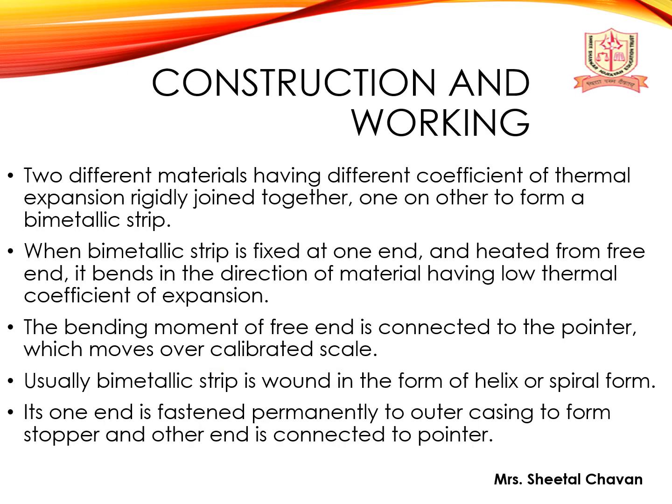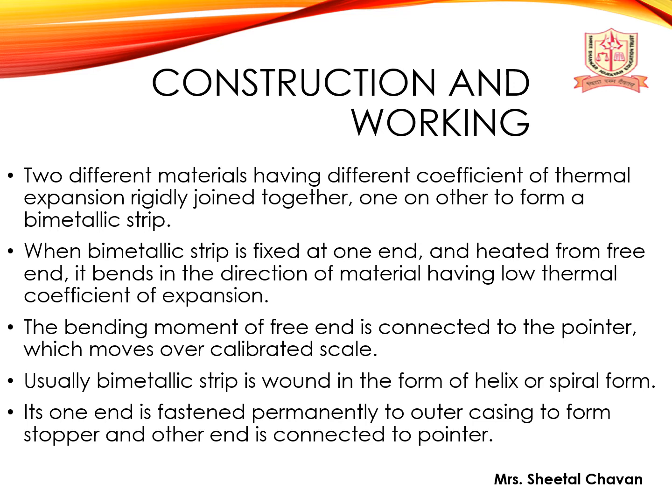Construction and working. So two different materials having different coefficients of thermal expansion are rigidly joined together, one on the other, to form a bimetallic strip. When the bimetallic strip is fixed at one end and heated from the free end, it bends in the direction of the material having low thermal coefficient of expansion.